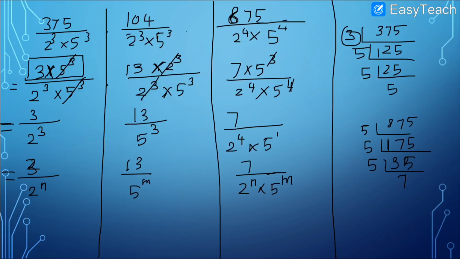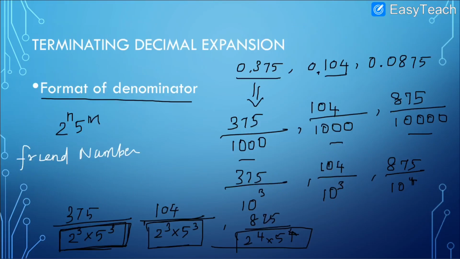Now it is clear that whether it has any one or both of them, the rational number will have a terminating decimal expansion. These numbers are called friend numbers. What are friend numbers? 2 and 5 are friend numbers. Other numbers are non-friend numbers.